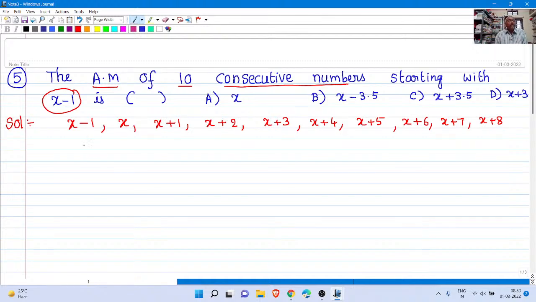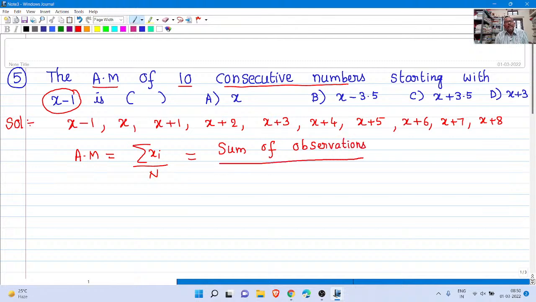Now what do we need to find out? Arithmetic mean. What is the formula for arithmetic mean? Sigma xi by n, that is, the sum of observations divided by the number of observations.